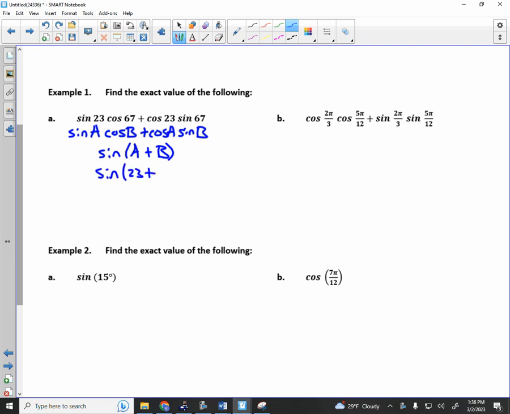And what is B? If only I knew what 23 plus 67 was. 90. And so the sine of 90, oh boy, could we actually find out the sine of 90?